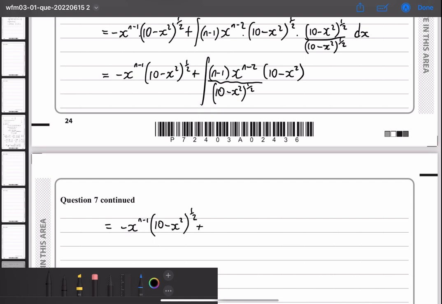And now we've got plus the integral n minus 1 x to the n minus 2 over 10 minus x squared to the half times 10 for the first term, and then minus n minus 1 x to the n minus 2 times x squared, all divided by 10 minus x squared to the half.